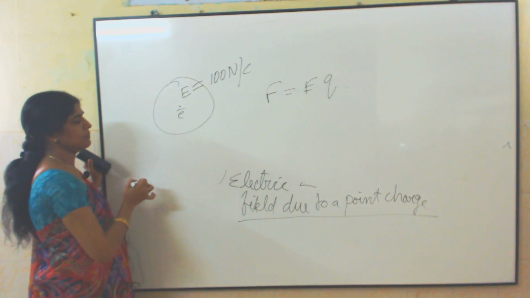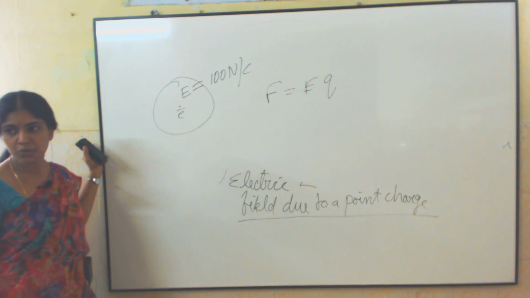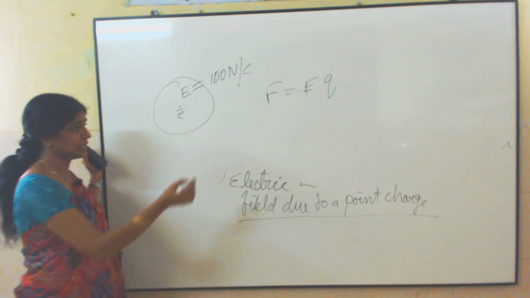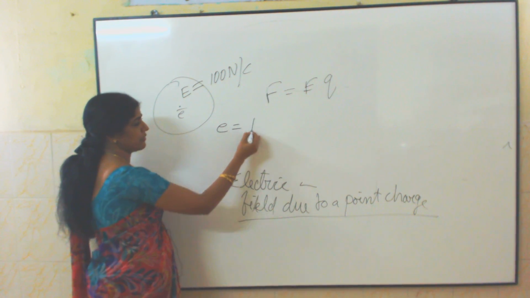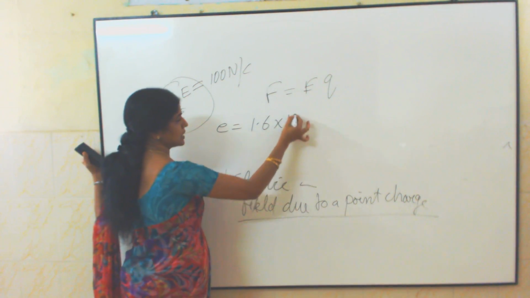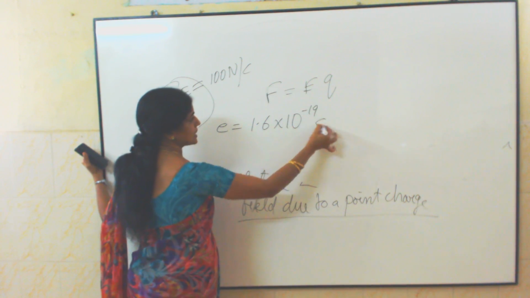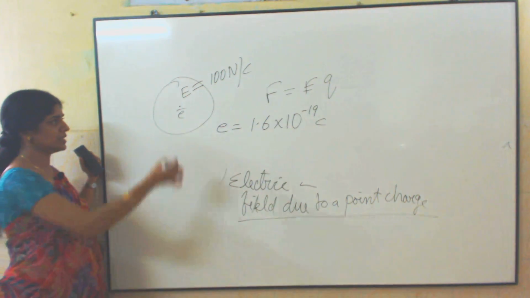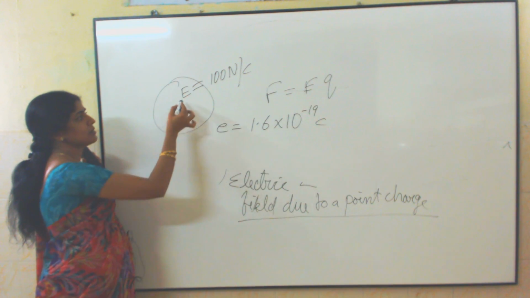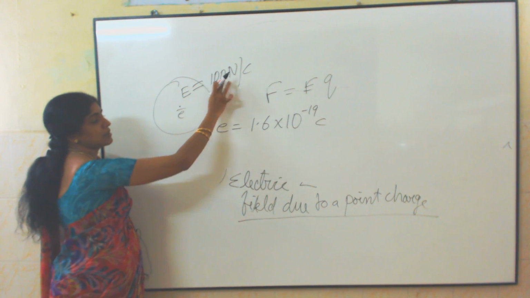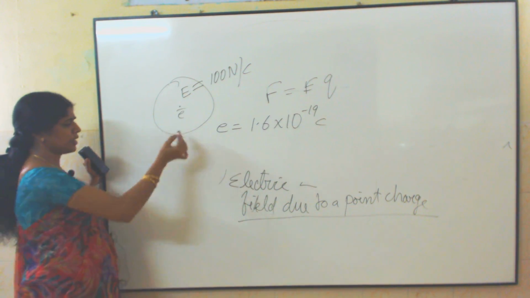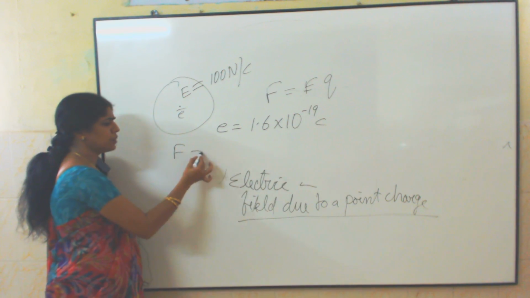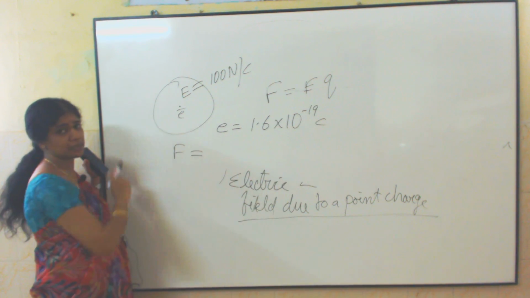So, this electron, we know what is the magnitude for this electron? It is given by e equal to 1.6 into 10 power minus 19 Coulomb. So, this electron is kept in an electric field of intensity 100 Newton per Coulomb. Can you find out how much is the force experienced by this electron?